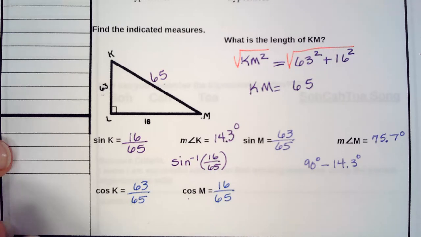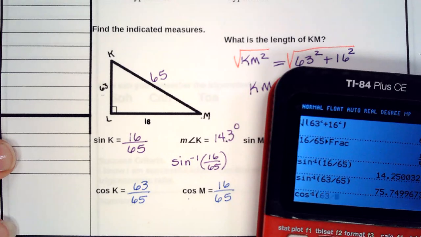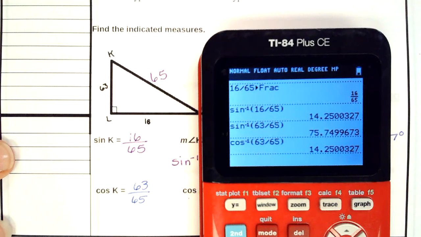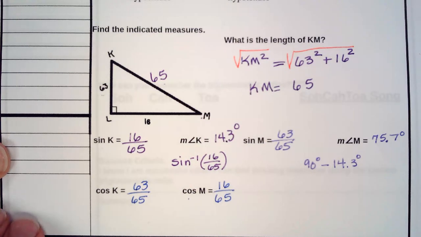Do I need to look at my angle measures again? If I did second cosine 63 divided by 65, would I get a different answer? Nope, I still got the 14.3. So either way you do it, you will get that angle measure by using your inverse buttons.